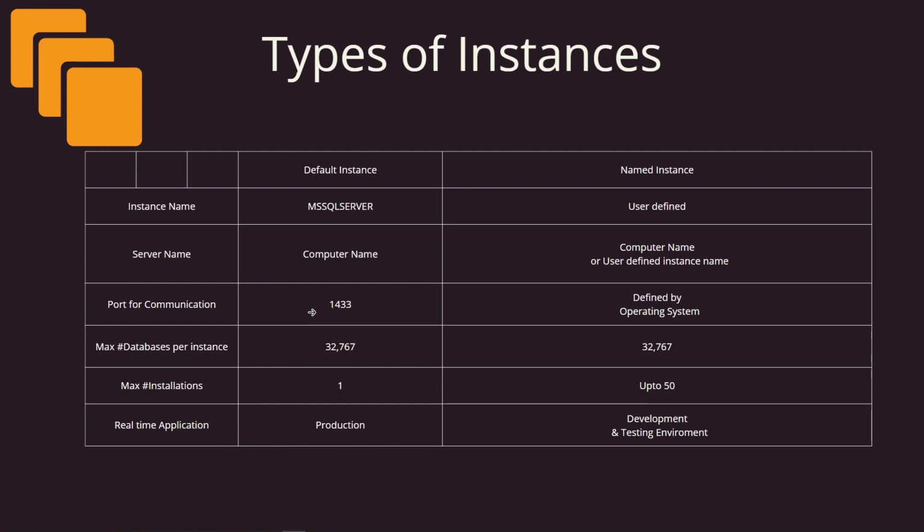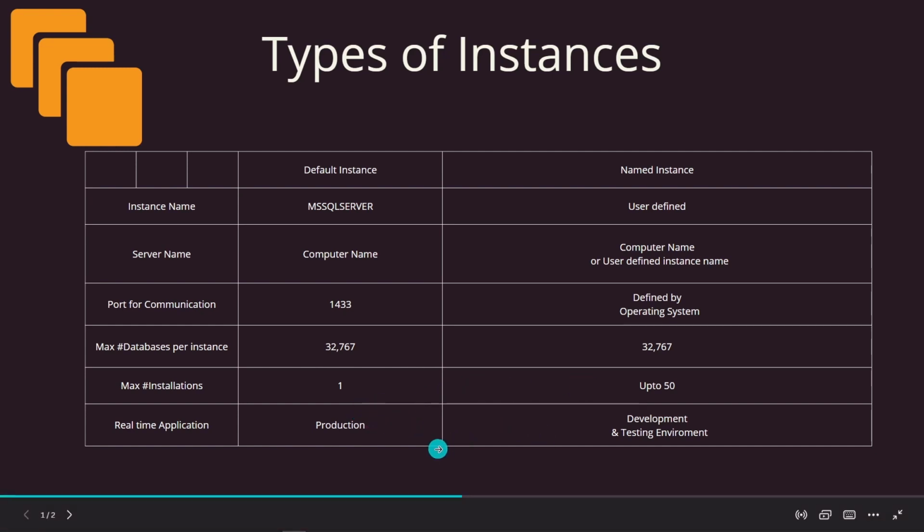That's 32,767. Max number of installations or instances that we will have for the default instance is 1 and 1 only. But when it comes to the named instance, we can have up to 50 of them.